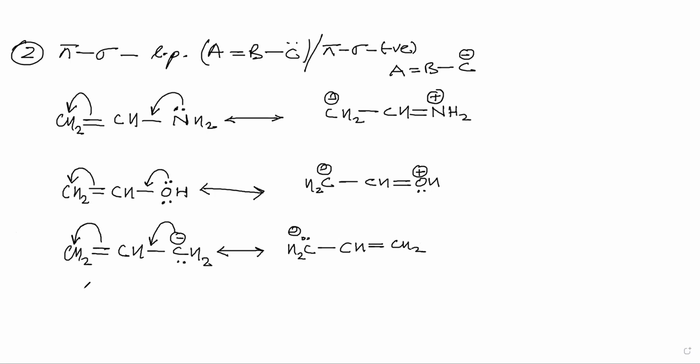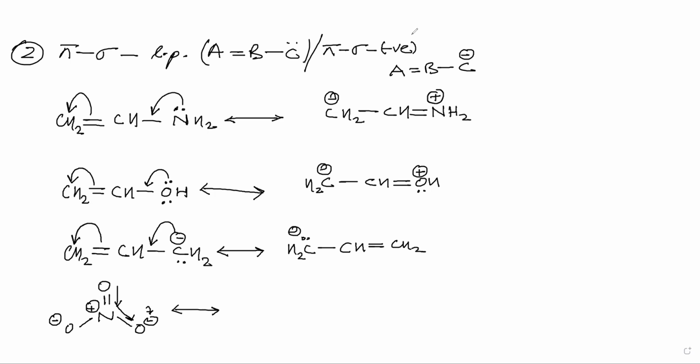Similarly, if we have this structure, this is negative, this is negative, nitrogen is positive. Now A double bond B, single bond C, and C has a lone pair.